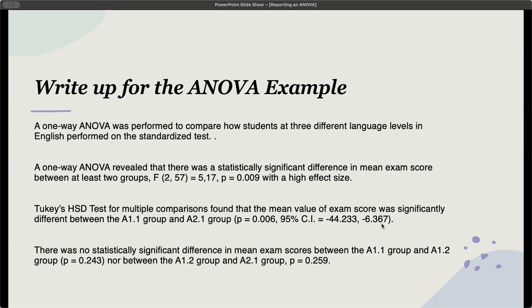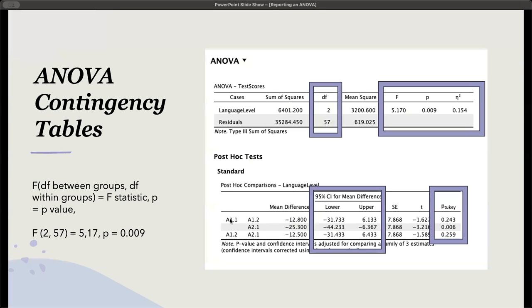So let's go back to the last page. Here we can say A1.1 to A2.1. We have the lower -44.233 to the -6.367. These are the 95% confidence intervals. Because it does not cross 0, we know that this is significant. But then we're also going to use the p-value, which is 0.006.